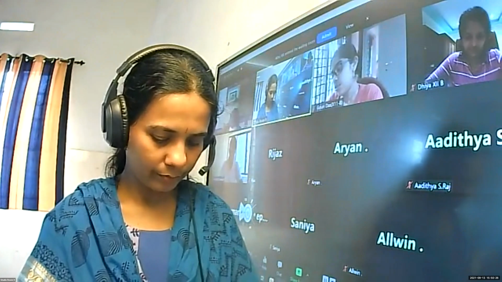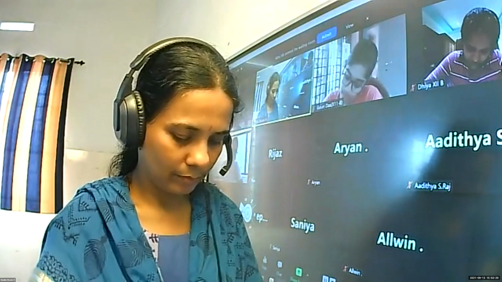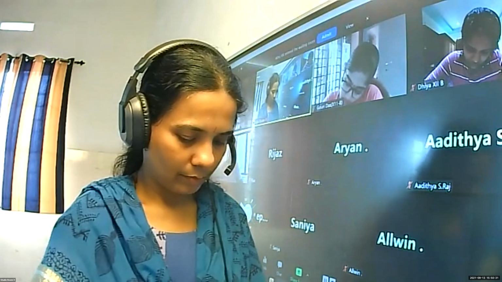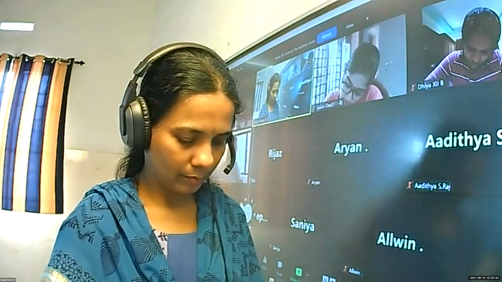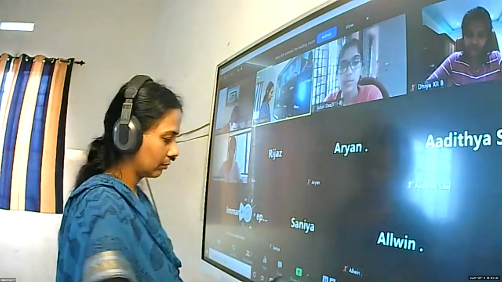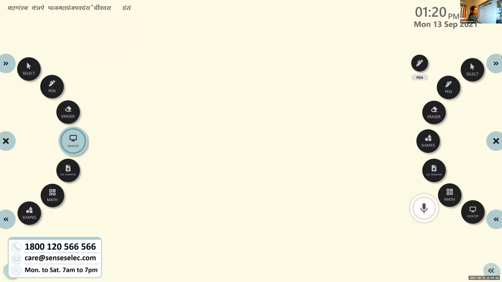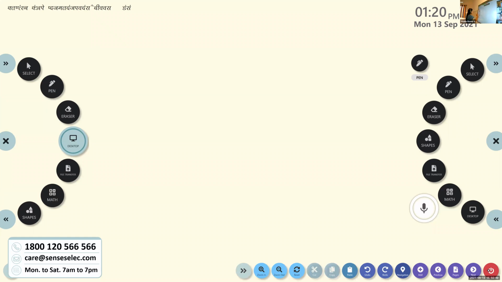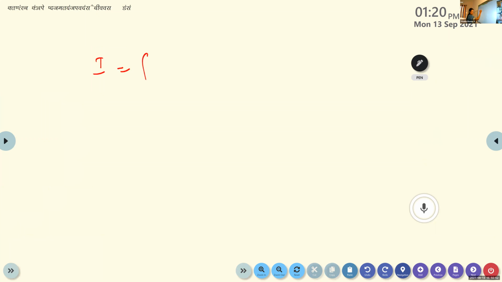Evaluate integral of 2x plus 3 by root of x square plus 4x plus 5.